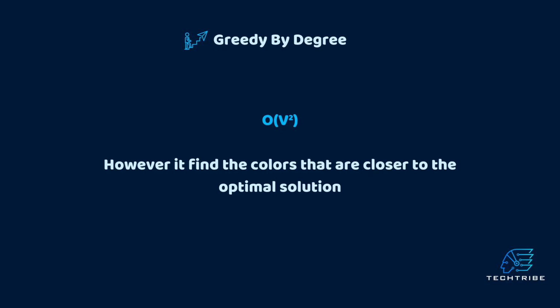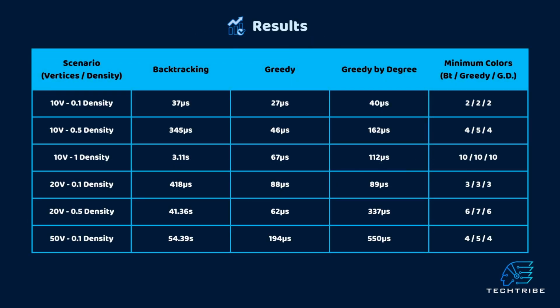Now let's understand the results of these algorithms. In my experiments, the simple greedy sometimes wasted an extra color, and on bigger or denser graphs it can waste more colors. The greedy by degree usually avoided that and matched the optimal solution more often, especially in denser graphs and in bigger graphs too.